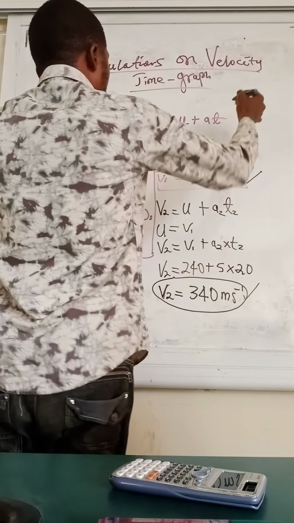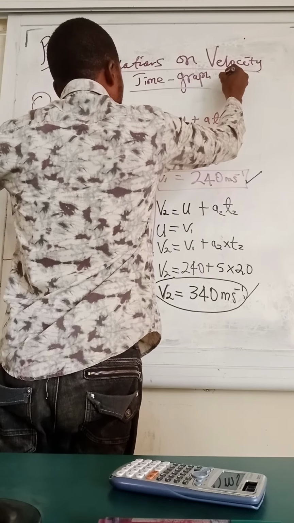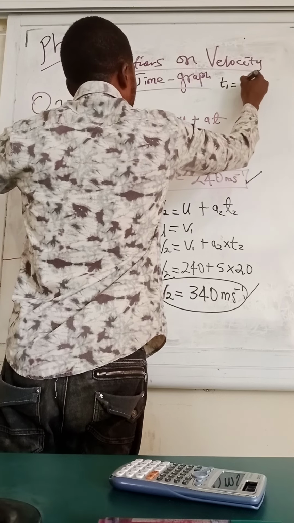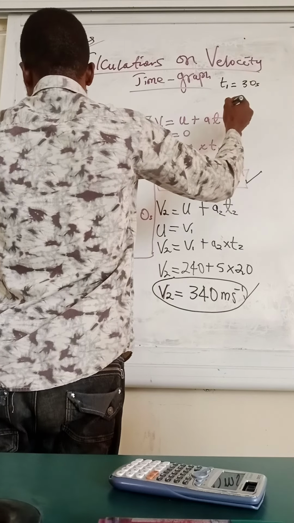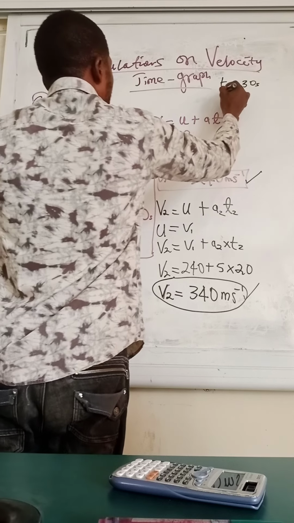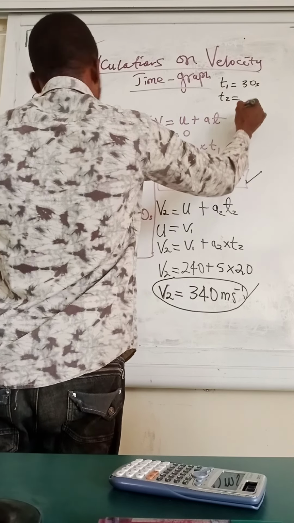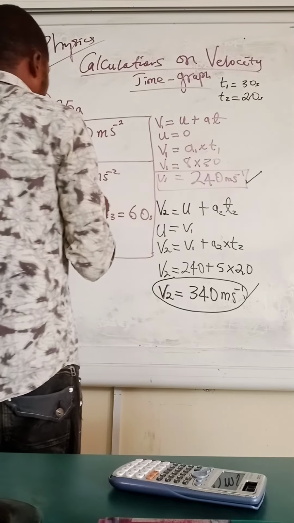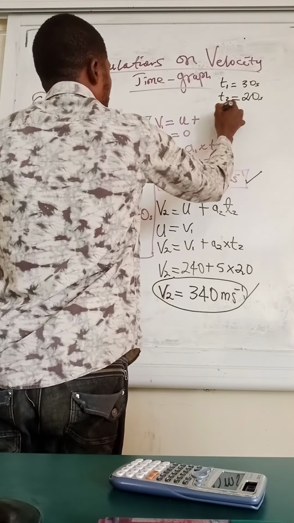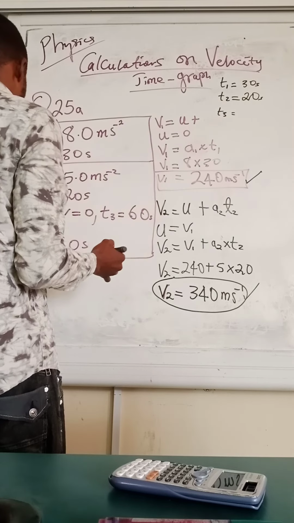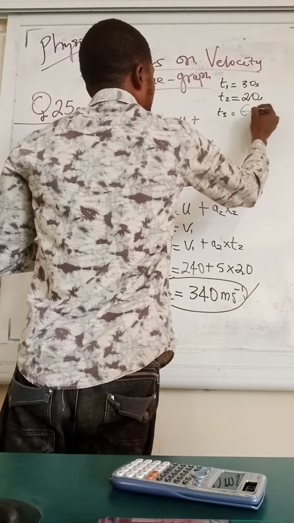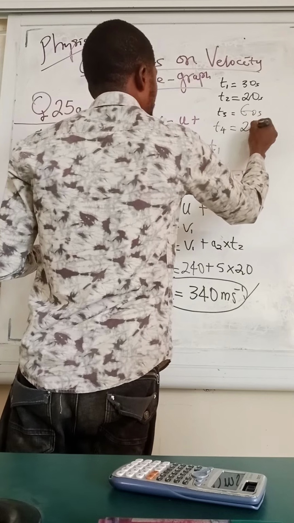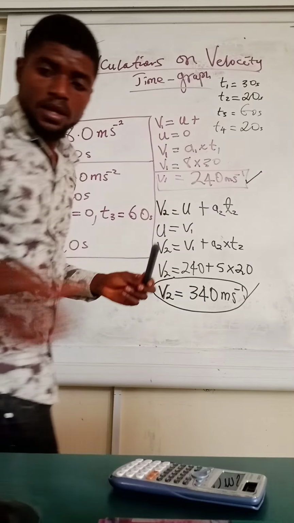Our T1 is given as 30 seconds. Our T2 is given as 20 seconds. Our T3 is given as 60 seconds. And our T4 is given as 20 seconds.